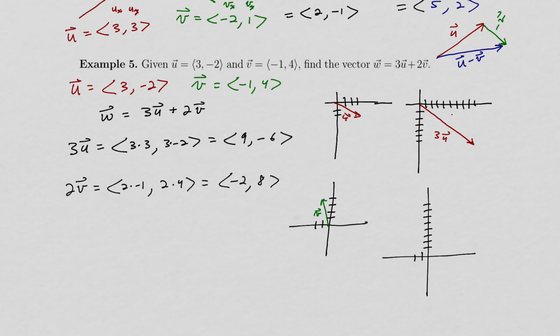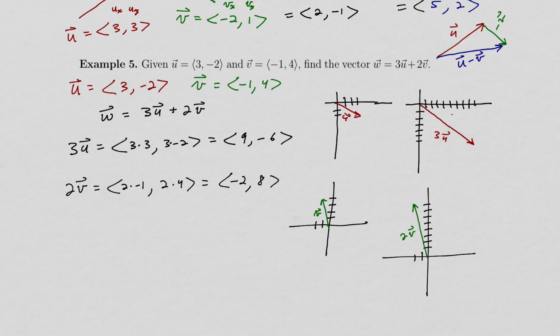So now it has an x component of negative 2 and a y of positive 8. So it'll be something like this. Okay, so this is 2v. So same direction as v, but twice as long. And then 3u was same direction as u, but 3 times as long, right? And we drew it in terms of its components.